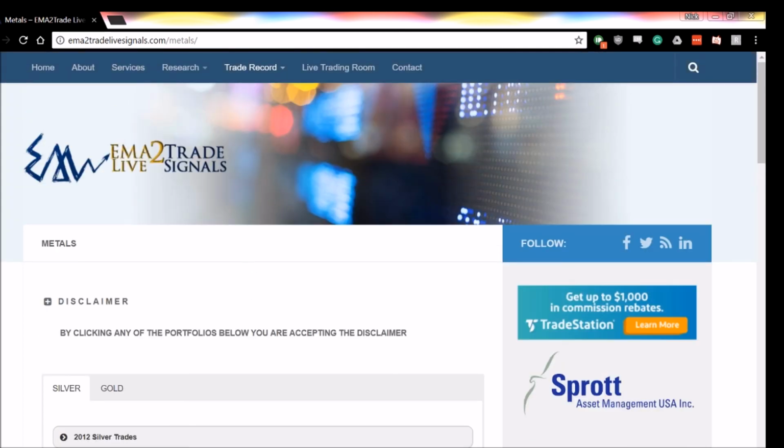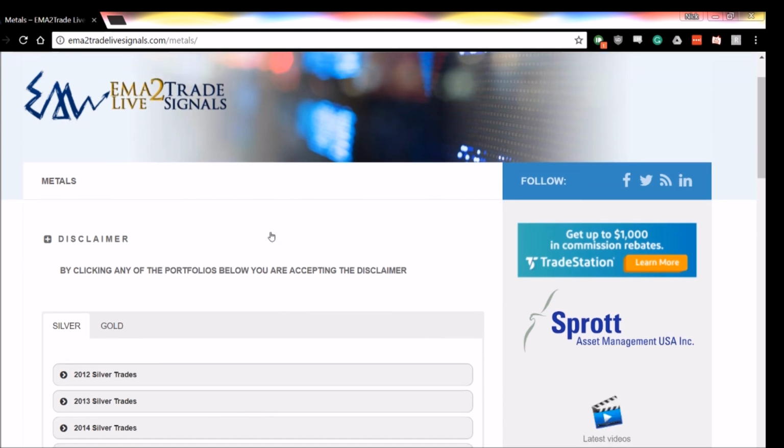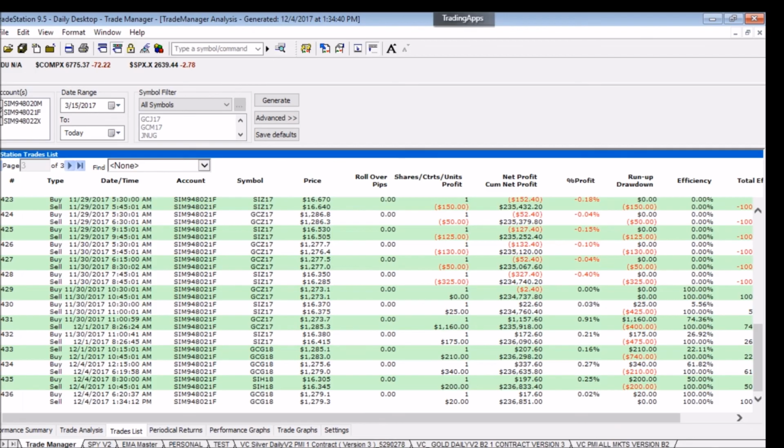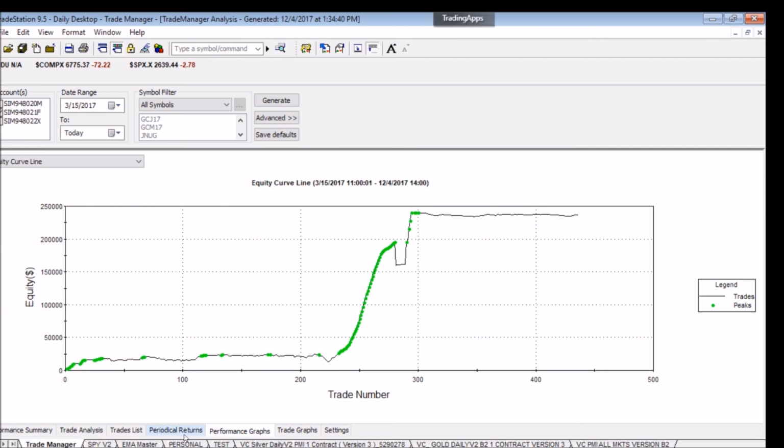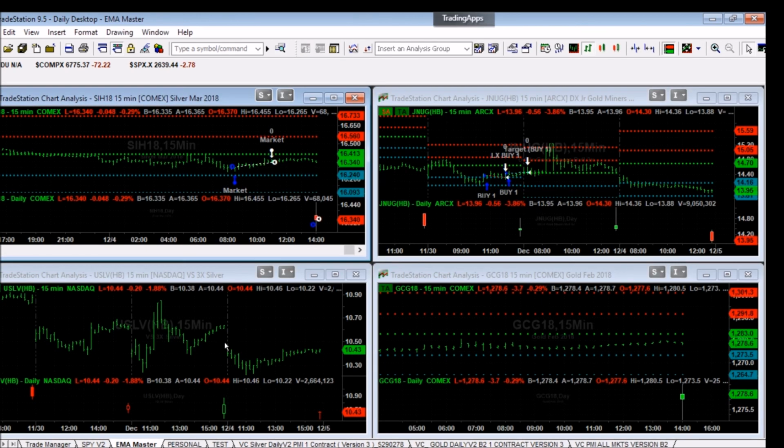So we're pretty transparent in terms of the documentation of the program, so that you can have a very clear picture, a very transparent picture of how you can use this to benefit on your own trading.